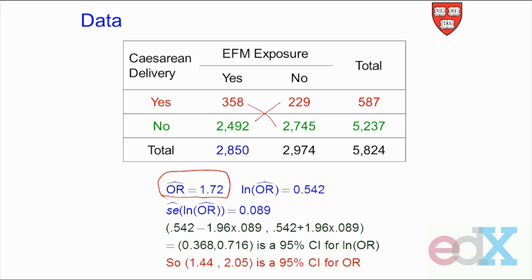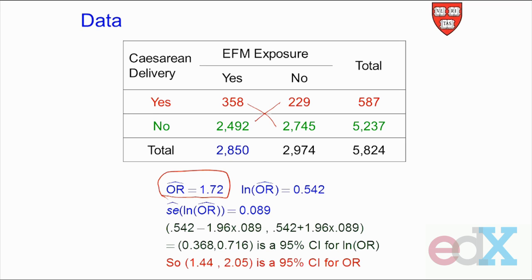So that's like a 72% increase in the odds of getting a C-section if you are getting electronic fetal monitoring done. Now, was this statistically significant? We said yes. What do we mean? It was different from 1.